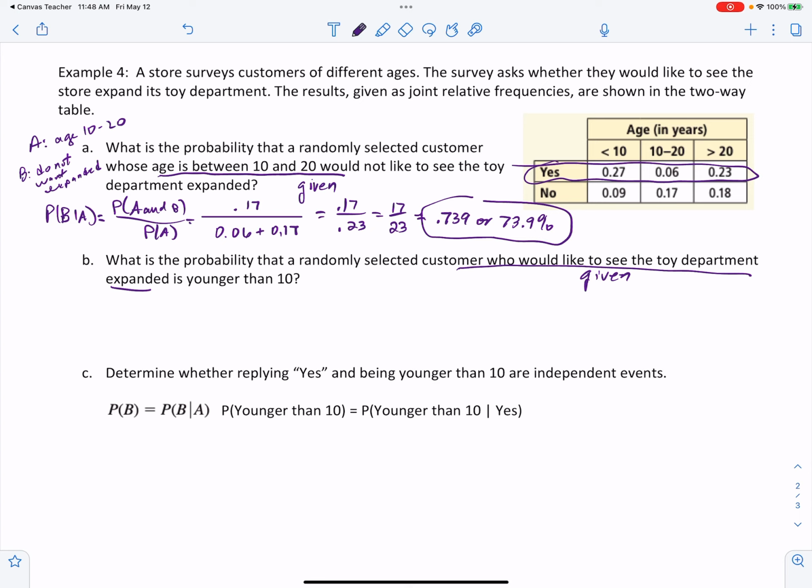And so the intersection of wanting that and being less than 10 is 0.09, all over that row total.